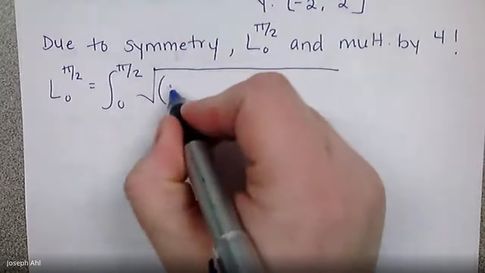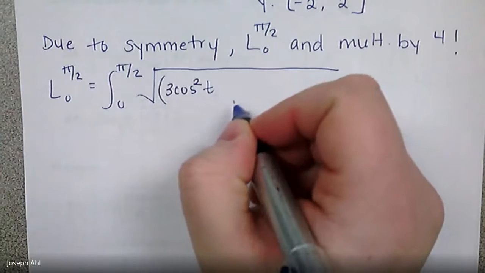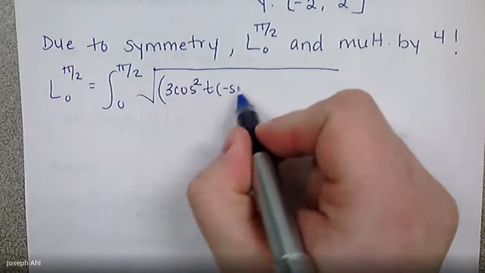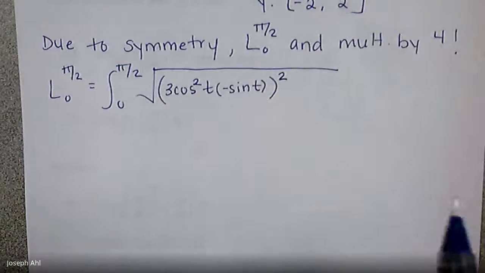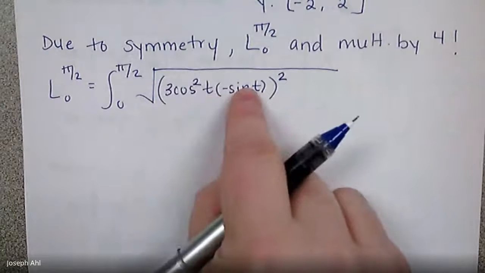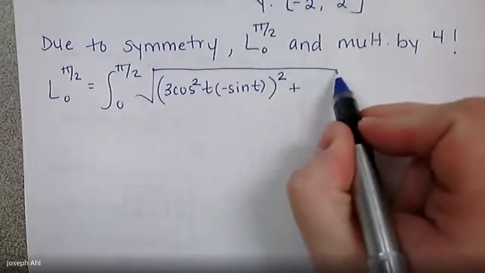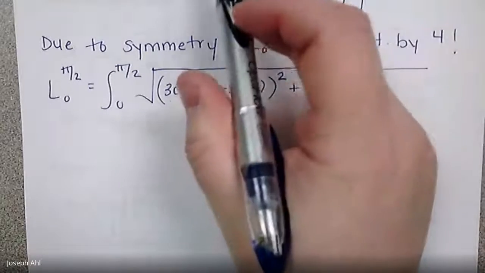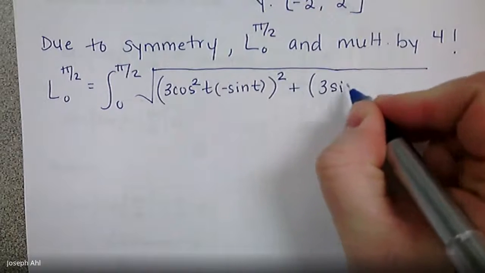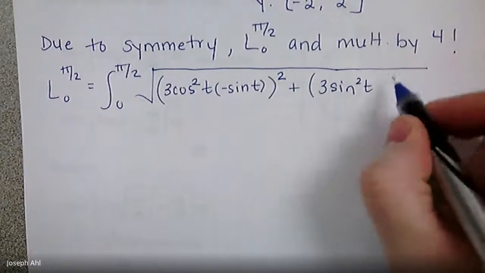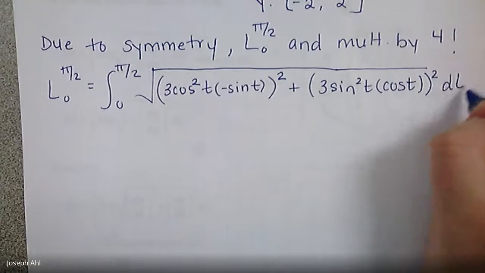So it's going to be 3 cos squared t times negative sine t, and it's that quantity squared. Okay, so that's the derivative of x with respect to t squared plus, I think we need a bigger radical here. All right, sine cubed t would be 3 sine squared t times the derivative of sine, which is cos, squared, and then dt.